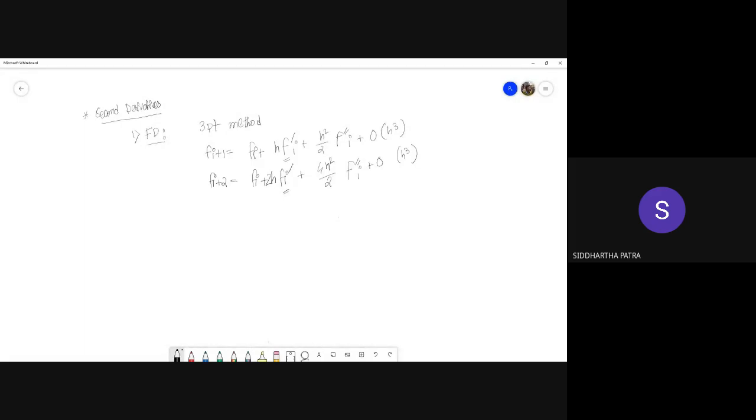So here I have written down the expressions of f(i+1) and f(i+2). Okay, and I have written up to the second derivative, and then I have written order h cube.